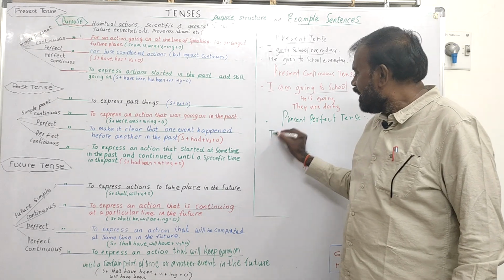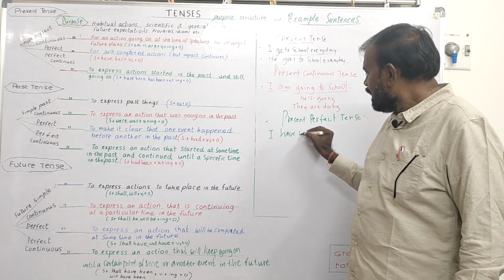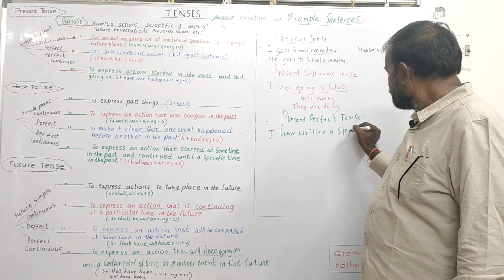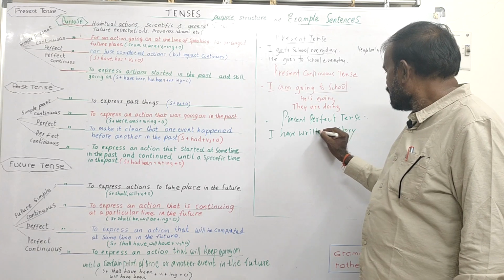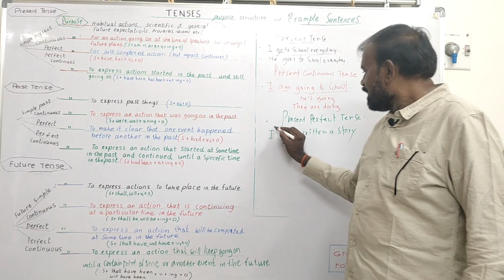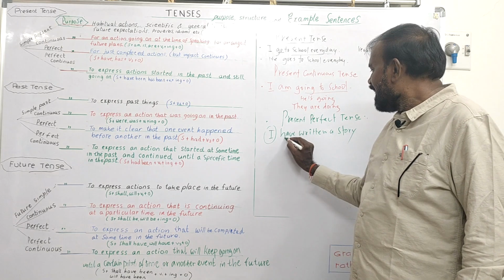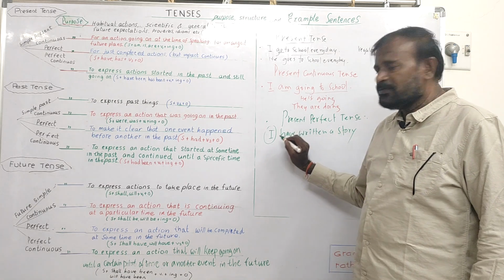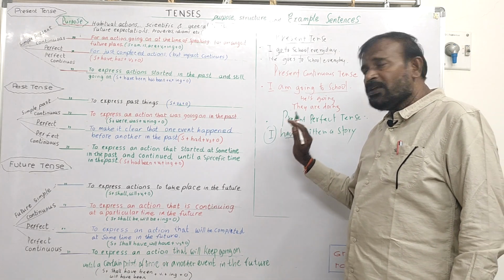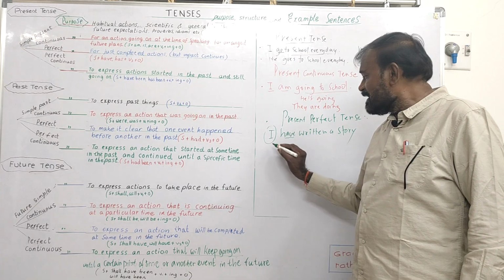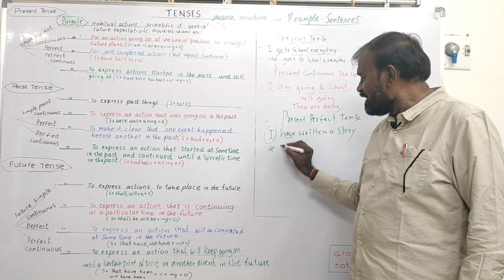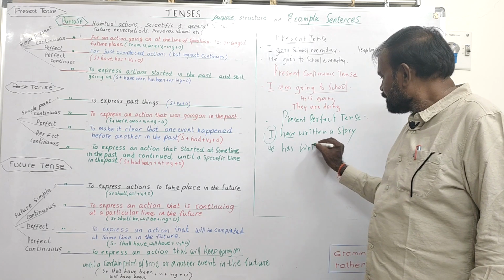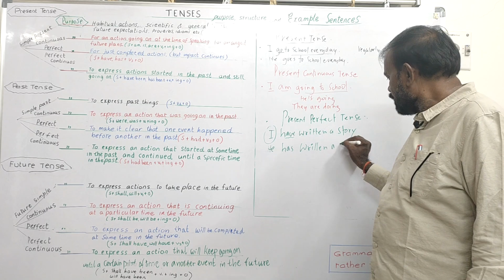Here, I have written a story. As the subject is I, we use have. If the subject is not plural, not we, you, they, if the subject is singular, that means he, she, or it, he has written a story.